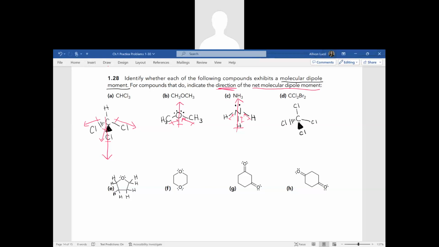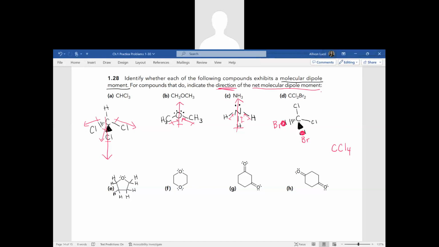Next, we have a central carbon, and then we have, these should be bromines, actually. Sorry, so we're going to replace these with bromine atoms. So we have 2 chlorine and 2 bromine. What I had drawn before was carbon tetrachloride, and I'll come back to that in one moment because all of those carbon-chlorine bonds would be equal. But in this case, we do see a difference in electronegativity between carbon and bromine and carbon and chlorine.